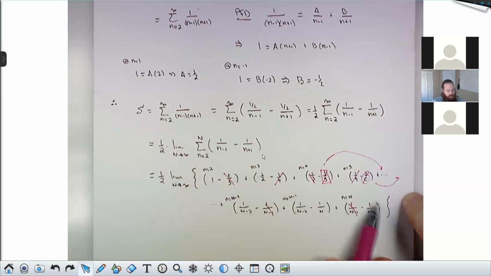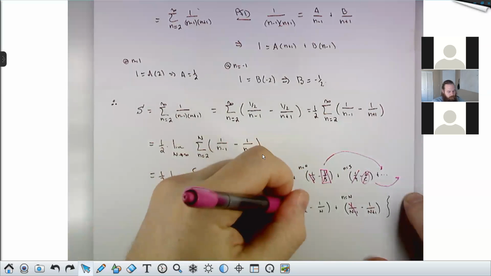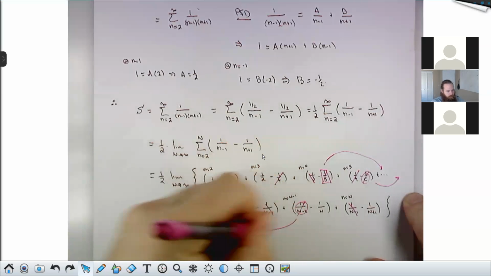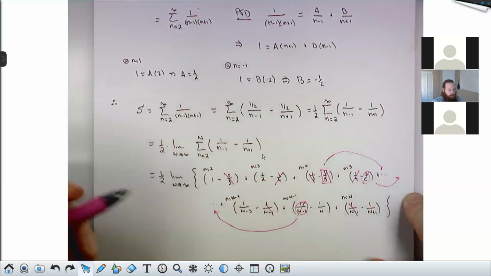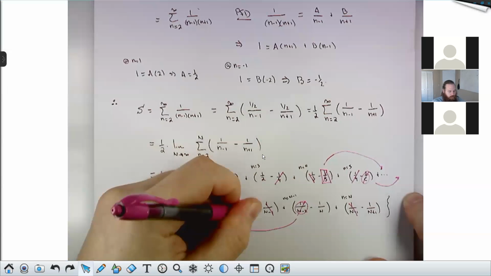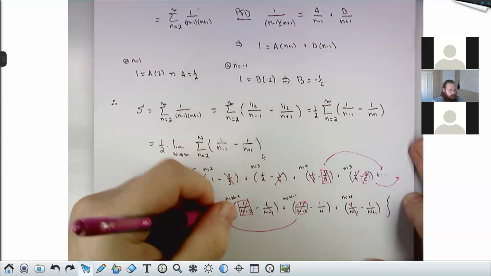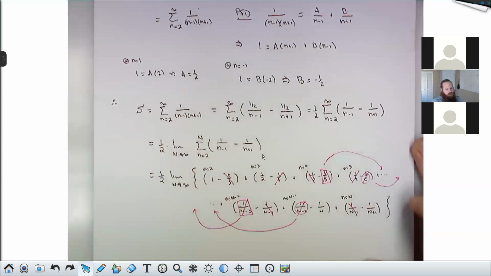And for the same reason, he's going to make it. But this guy and this guy aren't. This guy is the positive term that cancels the negative term in the last thing before these dots ended. And this guy gets canceled by the positive term 2 before in the dots. So finding this pattern of cancellation is a challenge.